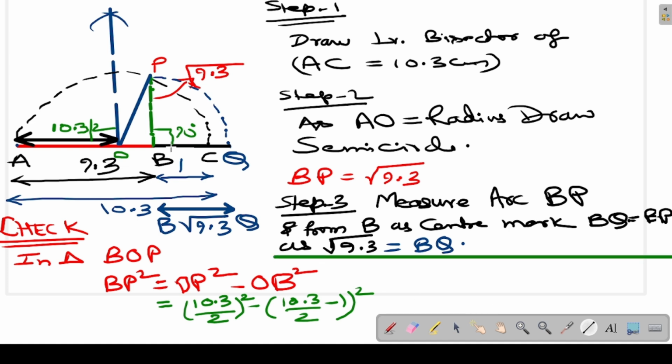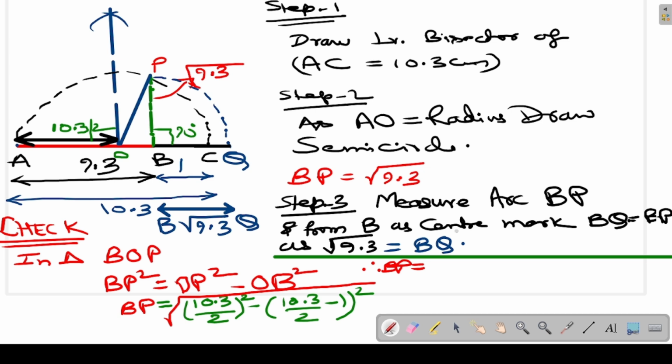So OP is 10.3 by 2 whole square minus OB square, and OB is, since OC is 10.3 by 2, so OB is 10.3 by 2 minus 1, because we have extended 1 into that, so just subtract 1 from it, and square. So BP will be the square root of OP square minus OB square.